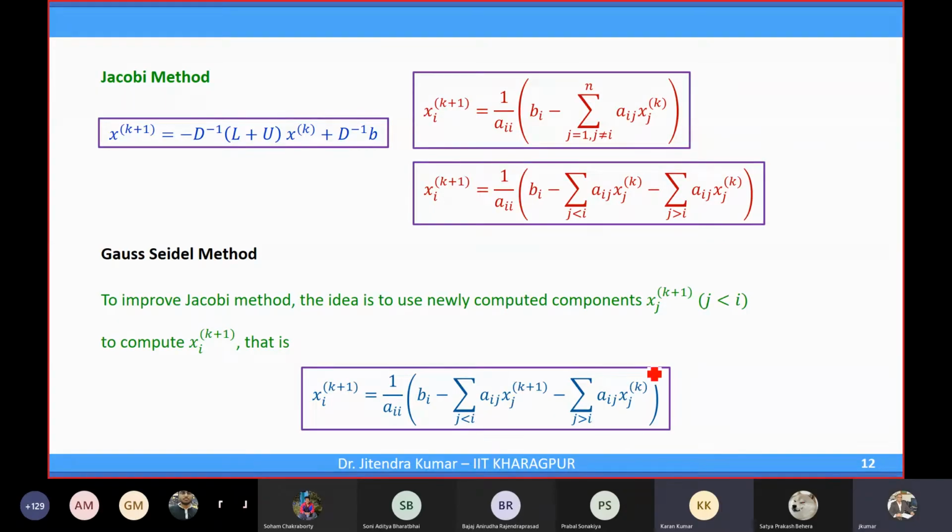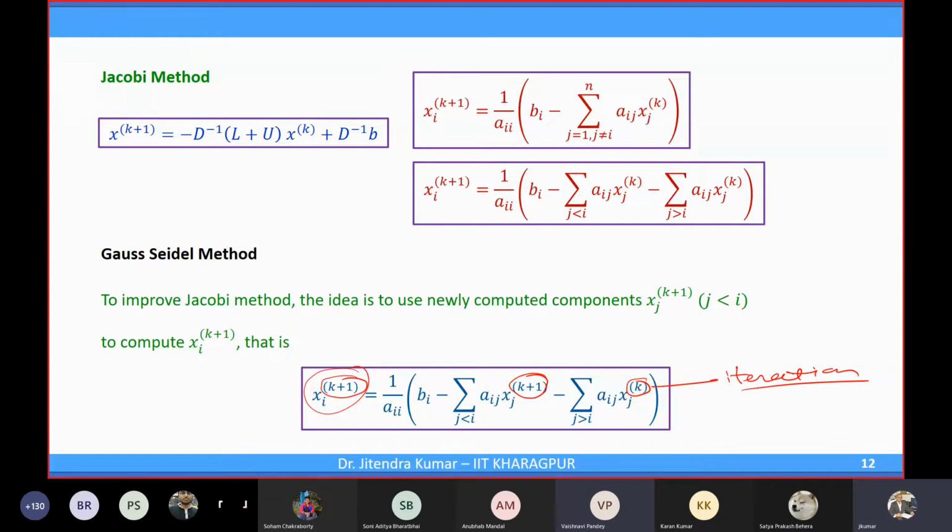In the formula, in the second summation, this j is i plus 1, i plus 2, and so on. These lower indices are for the components of the vector, correct? And the upper one in brackets is the iteration number. So here, for k plus 1th iteration these values, and here the kth iteration. These are iterations.